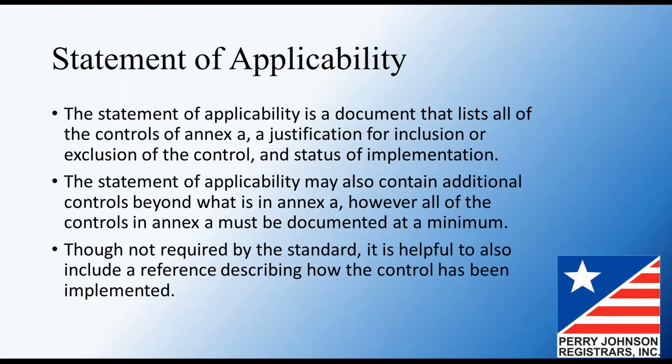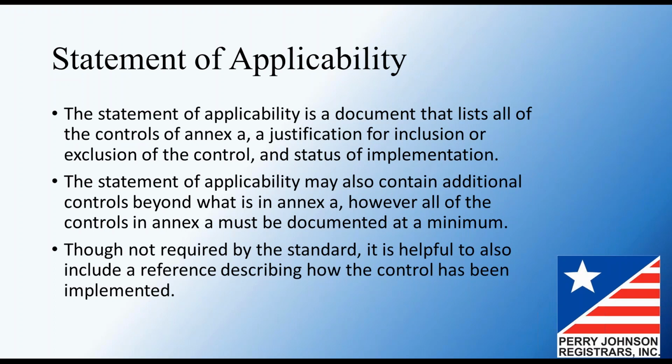Keep in mind that the statement of applicability can contain additional controls beyond what is in Annex A. However, all of the controls in Annex A must be documented at a minimum. But if your organization feels that there are controls that aren't documented in Annex A that could help you or apply to you, feel free to go ahead and add those in. We don't want Annex A to limit the number of controls you apply to your system and your organization.